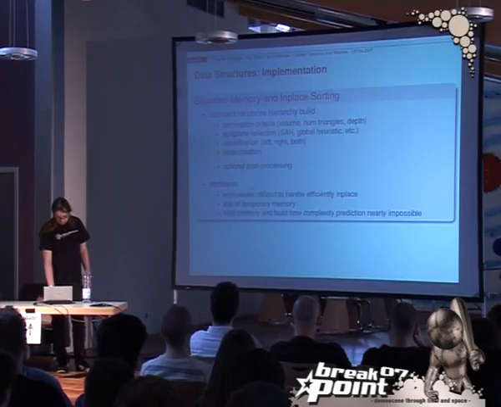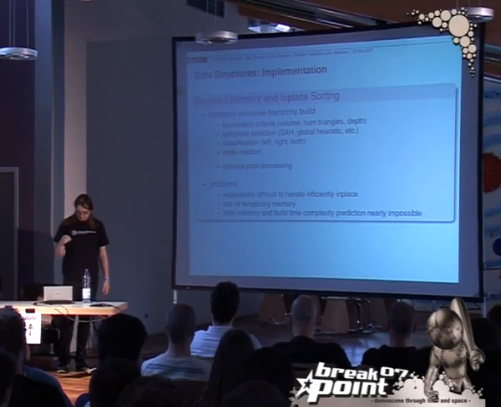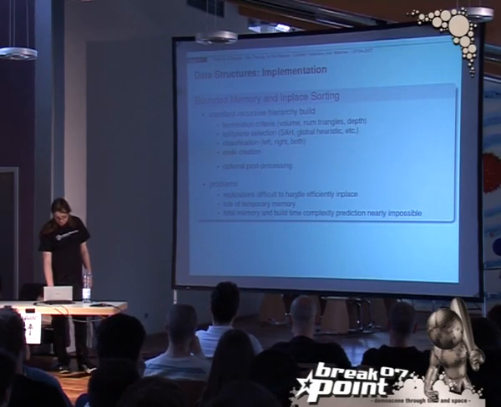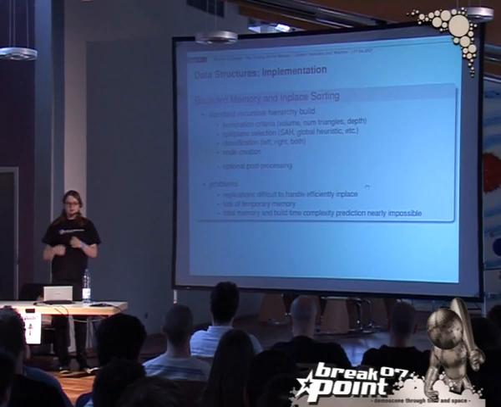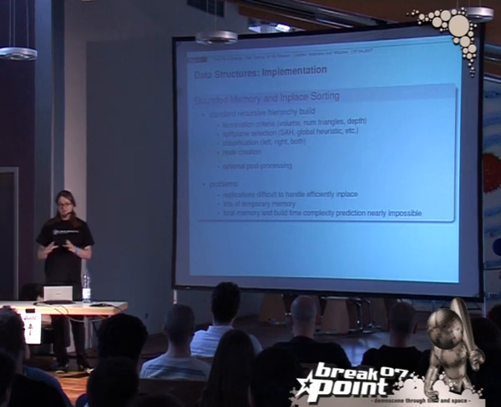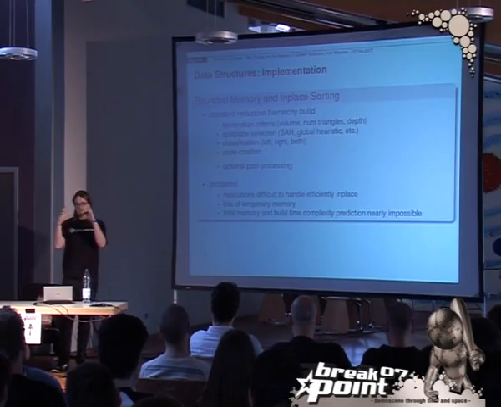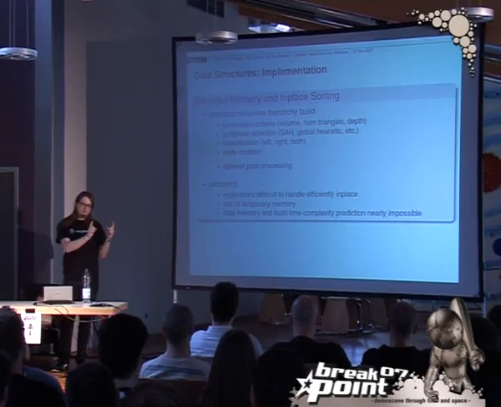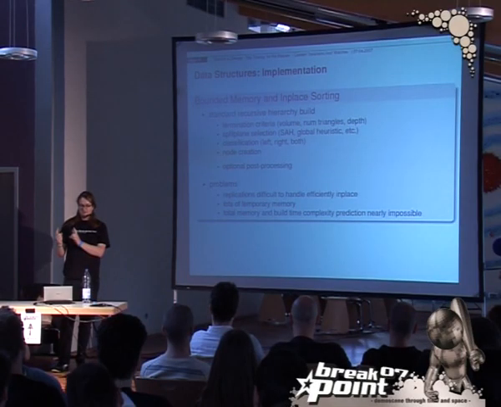So what are the problems? The replications that happen for the KD tree are very difficult to handle in place. So you have to do some very, very ugly memory management. All the triangles that are duplicated during a split have to go to some kind of stack. Then you continue with the left one, with the triangles just going to the left, plus those that are on the stack.